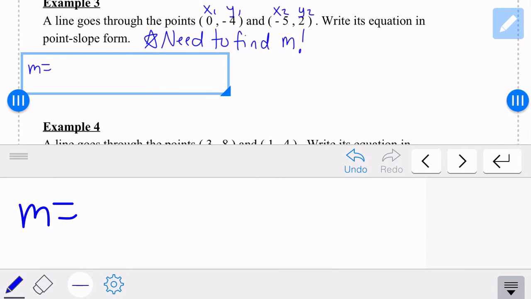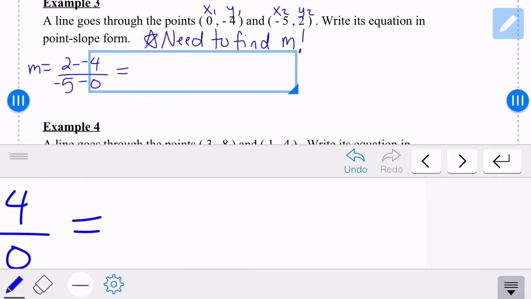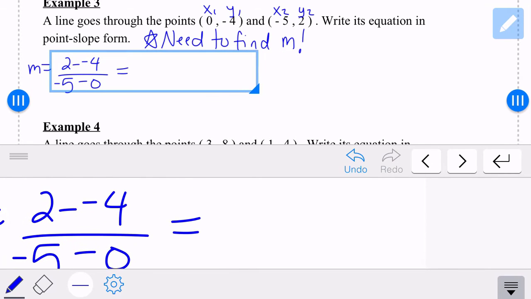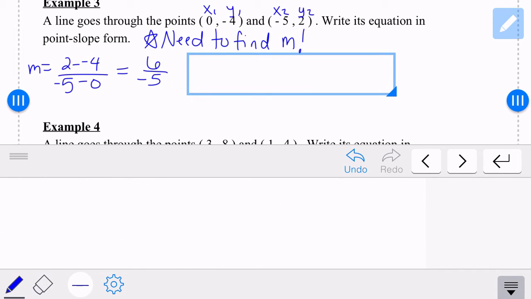So y2 minus y1 on the top, that'll be 2 minus -4, and then x2, which is -5, minus x1, which is 0. Remember, subtracting a negative is going to be addition, so on the top we're going to have 2 plus 4, which will give us 6. -5 will be on the bottom. So we've got -6/5 for m.